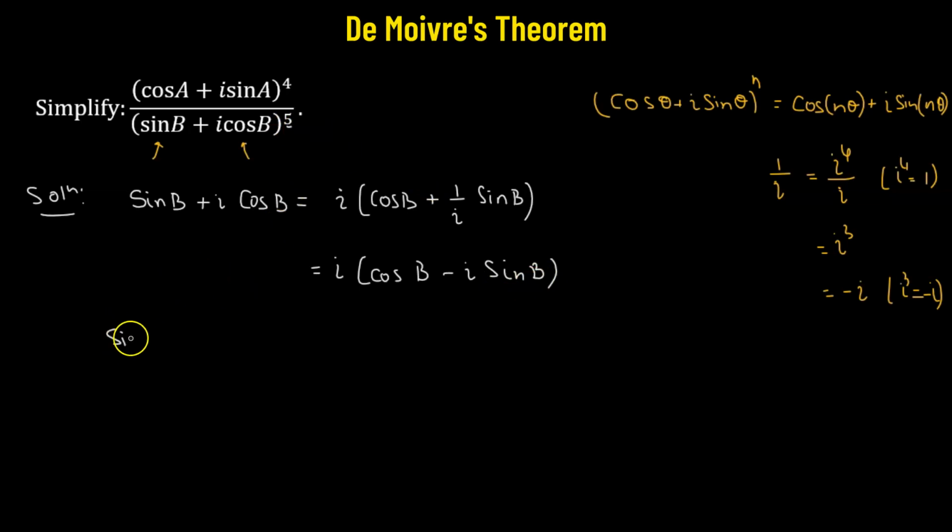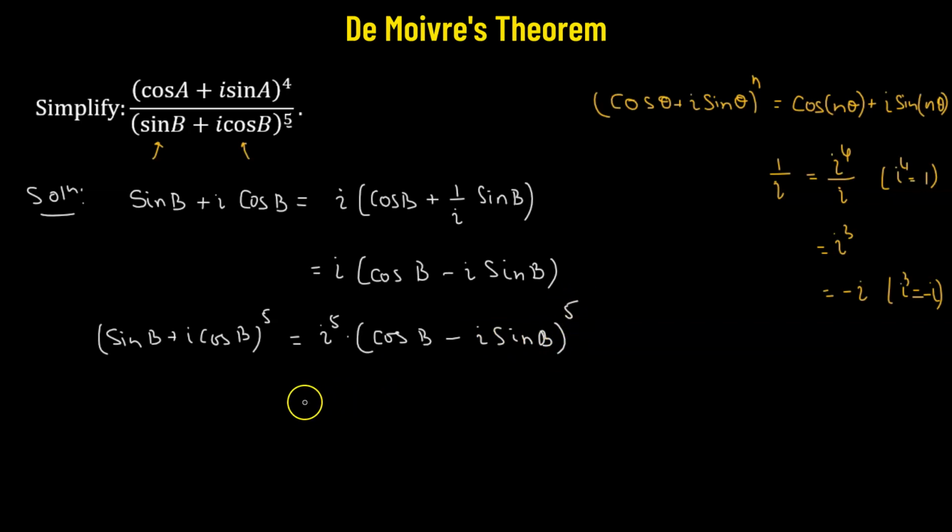So this becomes equivalent to iota raised to the power of 5 multiplied to cosine of b minus iota times sine of b whole raised to the power of 5. Iota raised to the power of 5 is simply iota, because it can be expressed as iota raised to the power of 4 multiplied to iota, and since iota raised to the power of 4 is 1, we have 1 multiplied to iota, which is simply iota.